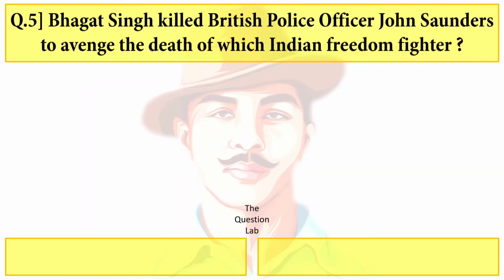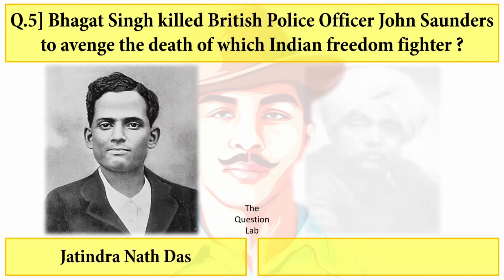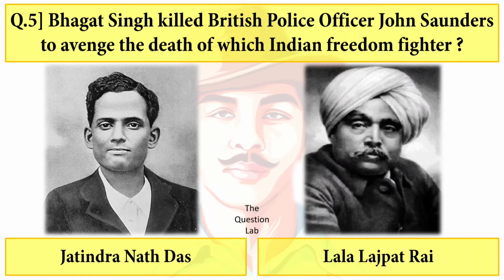Question number 5. Bhagat Singh killed British police officer John Saunders to avenge the death of which Indian freedom fighter? Lala Lajpat Rai.